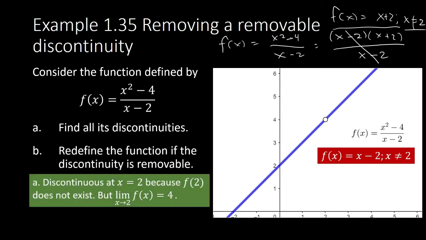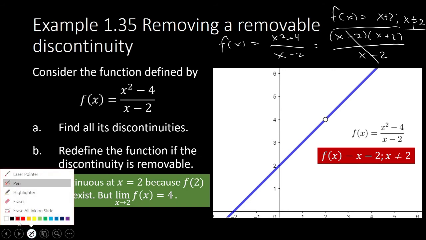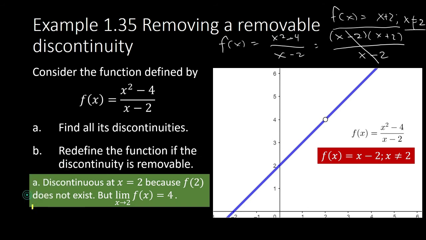But what about the limit? That is the next stage in investigating the discontinuity of this function. What type of discontinuity does it have? And so we will look into the limit. What is the limit of this function when x approaches 2 from the left? Well, as x approaches 2 from the left, the limit of your function approaches 4.